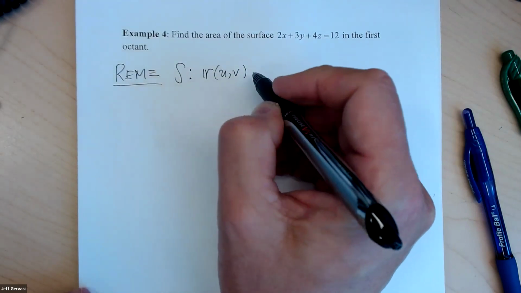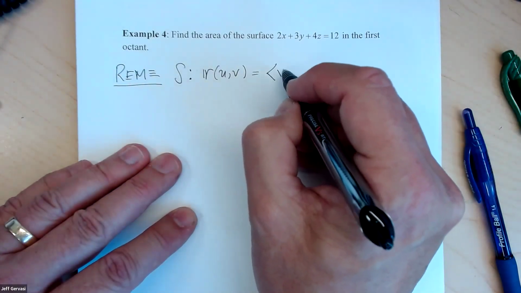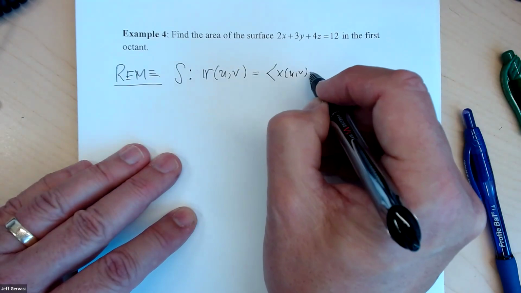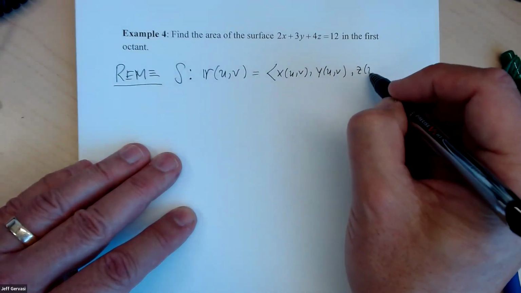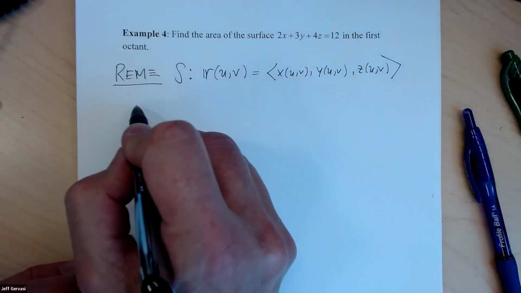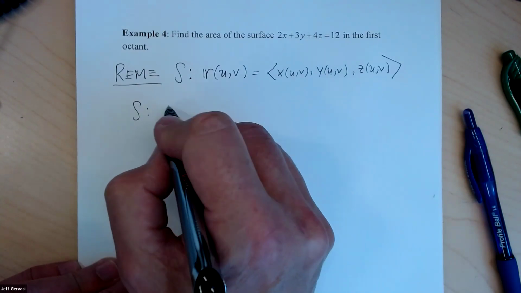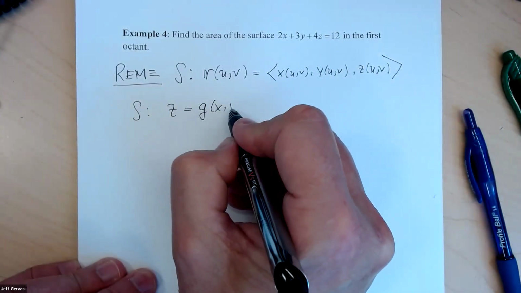Remember, that was one of the assumptions we made at the beginning of the video. But suppose the surface S is given by the equation z equals g of x and y.